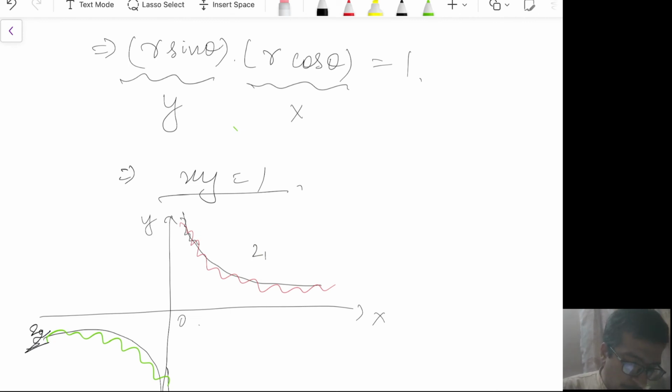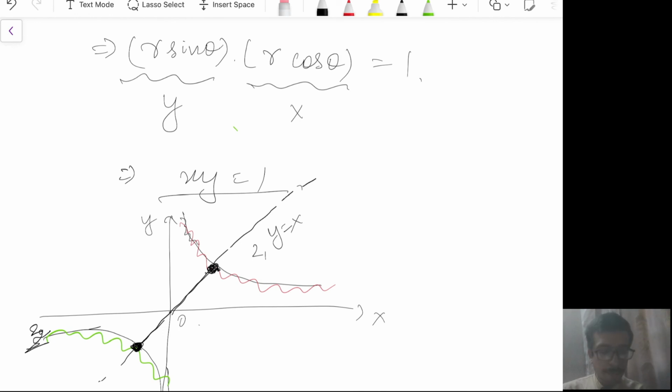And we need to look at the closest pair of points where one is on the upper hyperbola and the other is on the lower hyperbola, right? But if you see, the axis of this hyperbola lies along y equals x. So this is the axis, and the points on the upper and lower hyperbola which are closest to each other are the ones which intersect this axis.